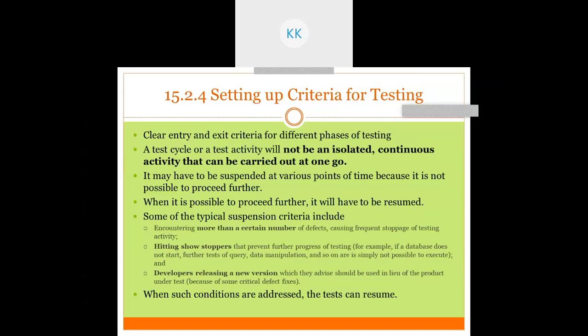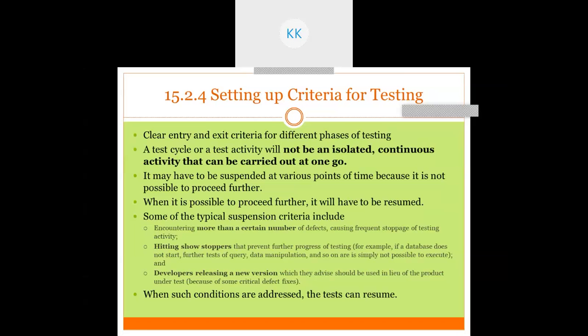For example, suppose there are a large number of defects, so you need to suspend the test. If 90% of the critical test cases have been tested, you can exit from the testing. That can be one of the criteria.